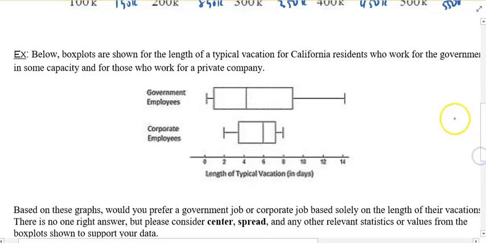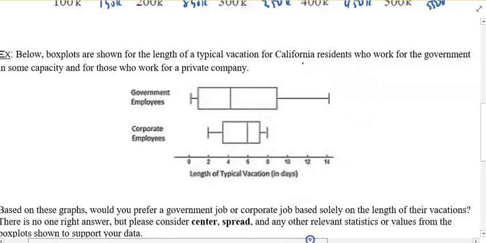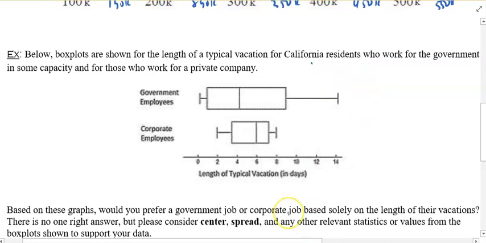Now we have a couple of problems to look at. They say here, below box plots are shown for the length of a typical vacation for California residents who work for government in some capacity, and for those that work in the private sector.